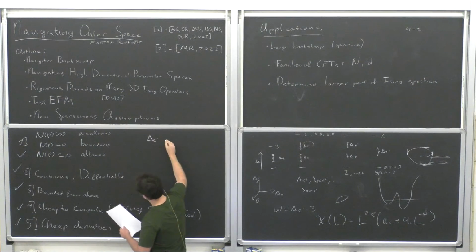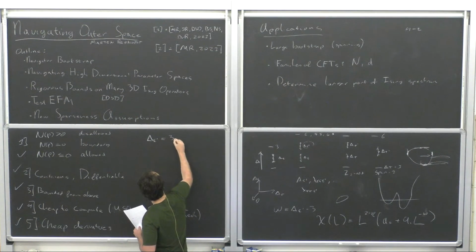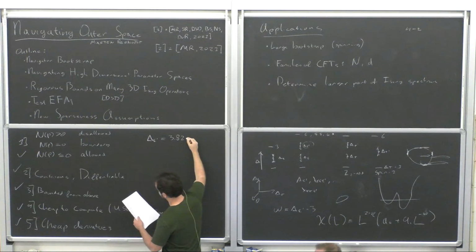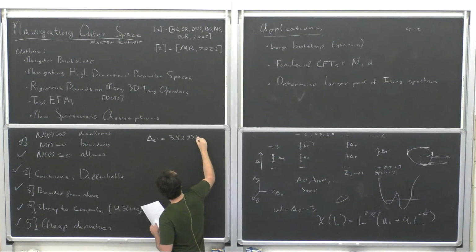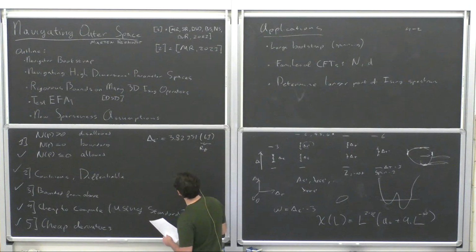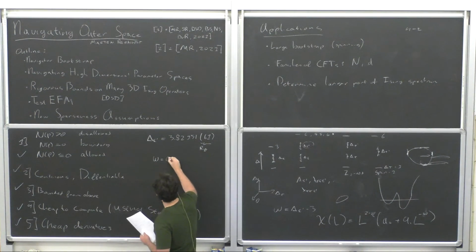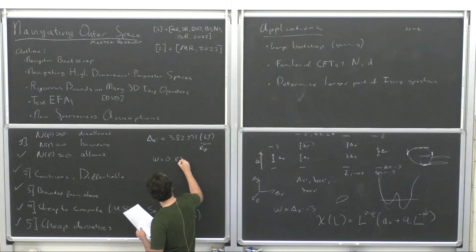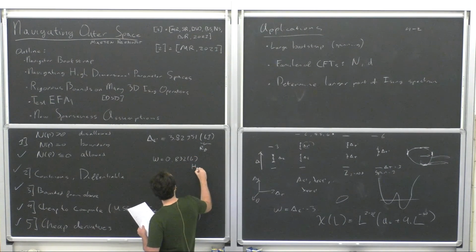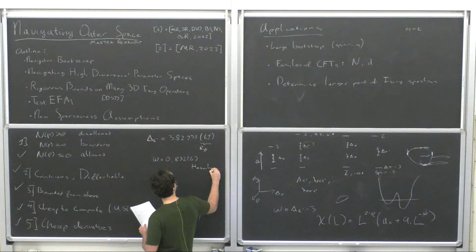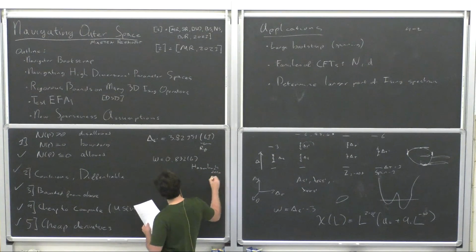So for example, I find these bounds, where this is rigorous. You can compare this, for example, with omega as extracted from lattice simulations by Hasenbusch.